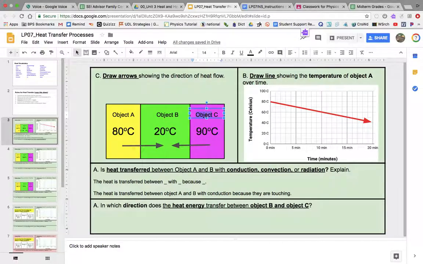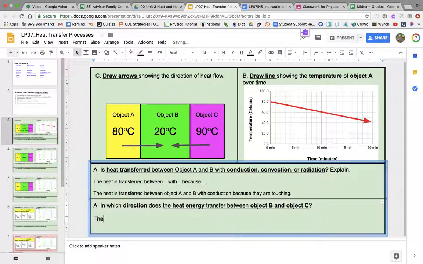It is going from C to B. And so here our form will be: the heat energy is transferring from, and we said object C to object B.